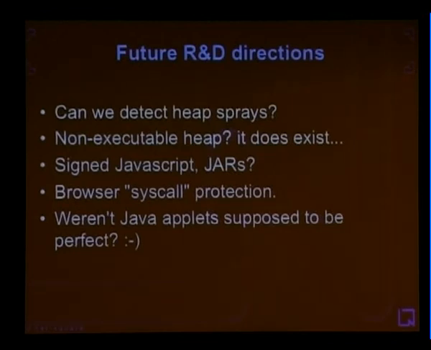Somebody was telling me, why doesn't the browser have a mechanism to see if large amounts of heap memory are being consumed consecutively, raise an alarm and say, oh, there's a heap spray going on, I'm going to stop this. I also noticed that if you look at the heap memory after loading up a page from Flickr, it looks exactly the same. When you have 80 JPEG files being loaded in the browser's heap memory, it looks like a heap spray. And there's no way you can distinguish between that and real content that is loaded.